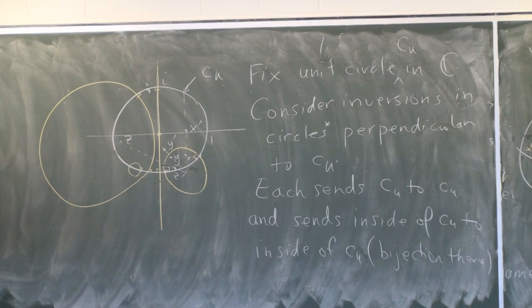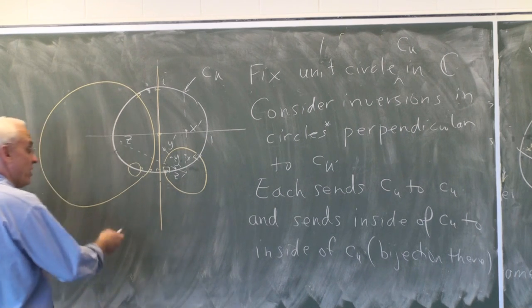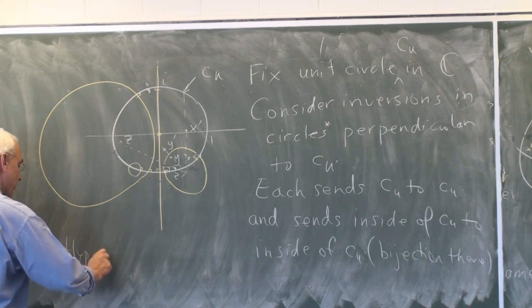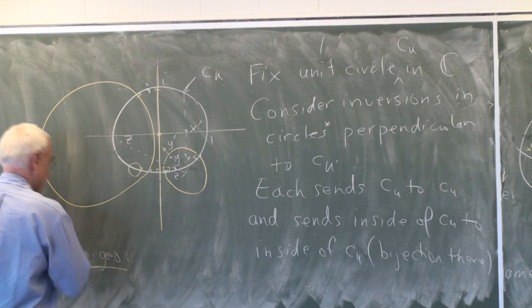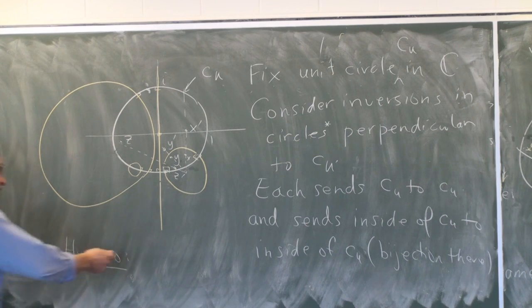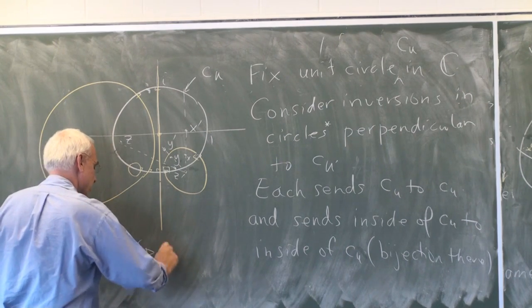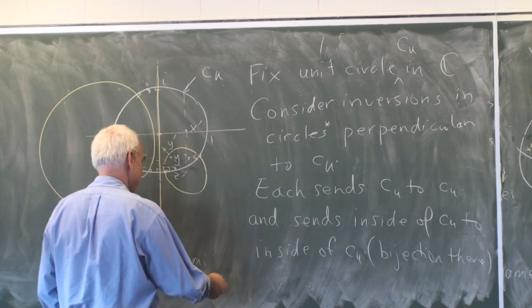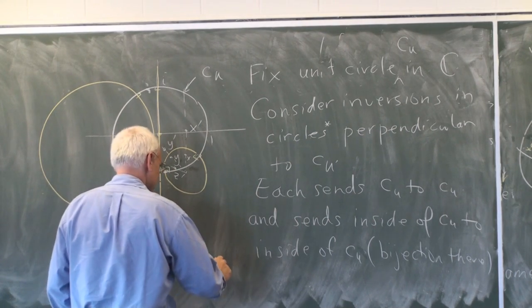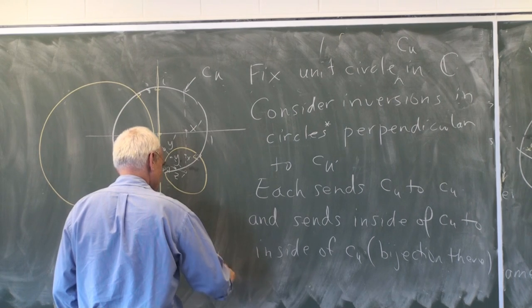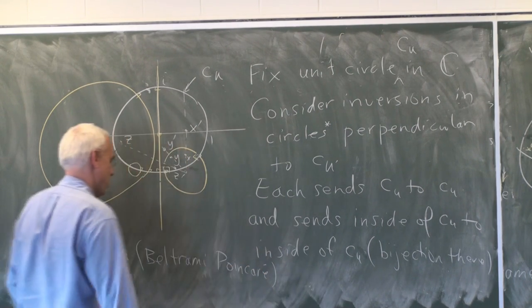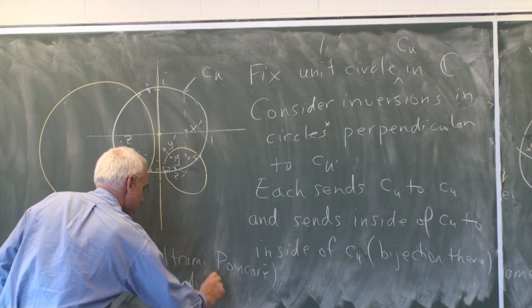Okay, and hyperbolic geometry is what you get when you consider these to be the reflections. So hyperbolic geometry is what you get when, well, this is a particular model of it. There are other models. This is the Beltrami Poincare disk model, maybe one should say.